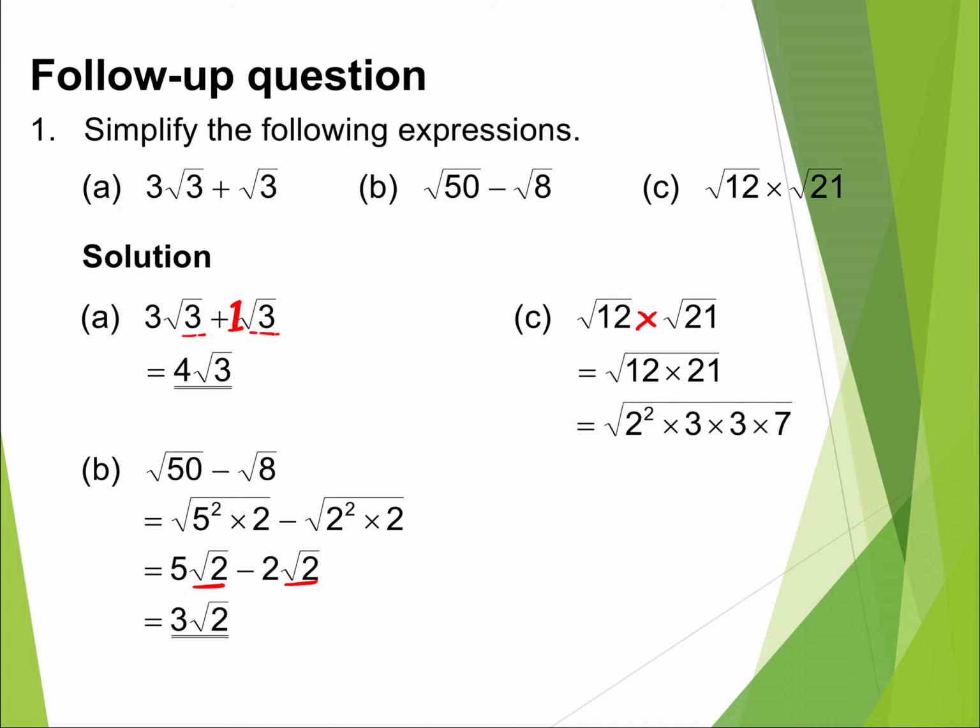And 21 equals 3 times 7. So you can see that 3 times 3 is 3 squared. The square numbers can be cancelled with the square root. So 2 and 3 are the square numbers. 2 squared and 3 squared can be cancelled with the square root so that it becomes 2 times 3. So the answer is 6 times square root 7.